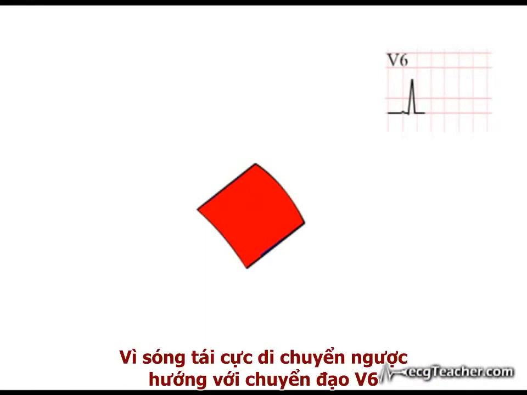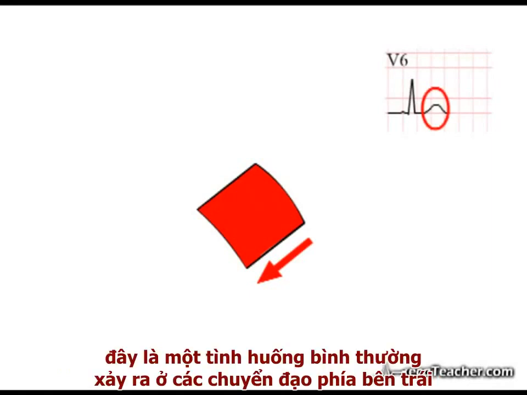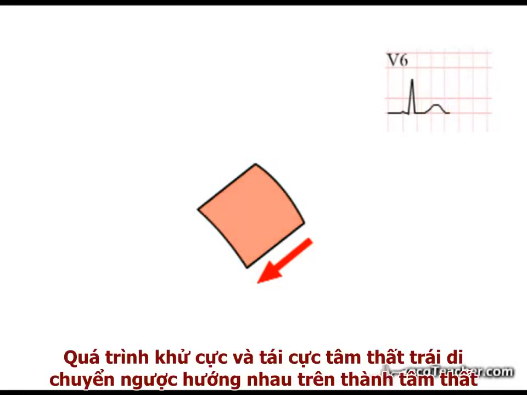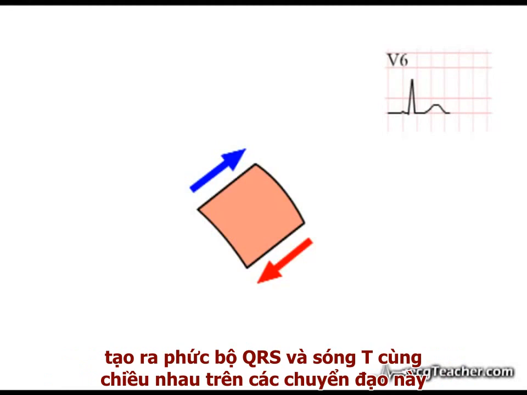As repolarization is moving away from the lead, a positive T wave is produced in V6. This is the normal situation in the left-sided chest leads. Left ventricular depolarization and repolarization moving in opposite directions in the ventricular wall, producing concordant QRS complexes and T waves in these leads.